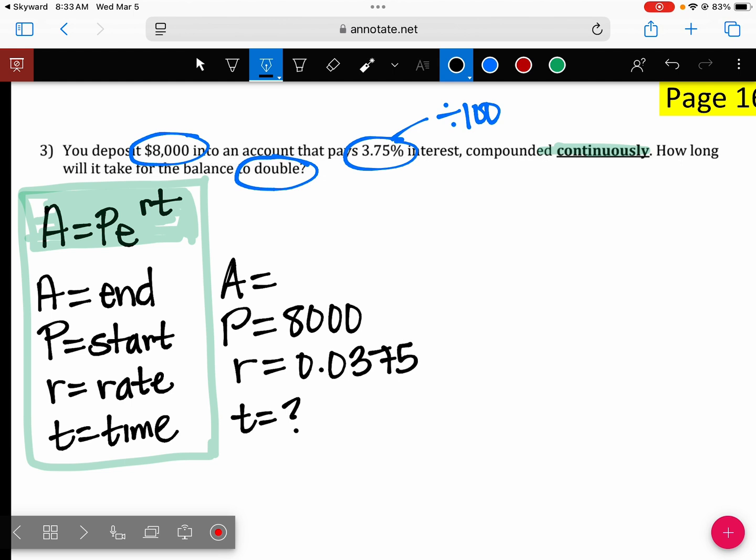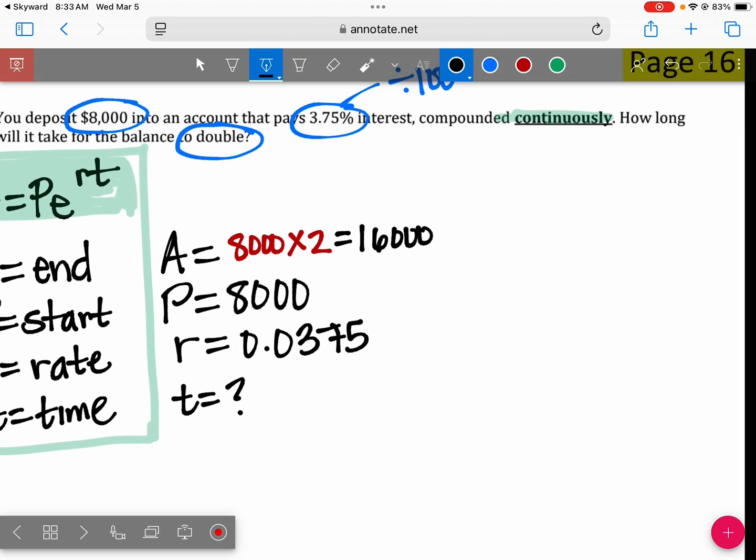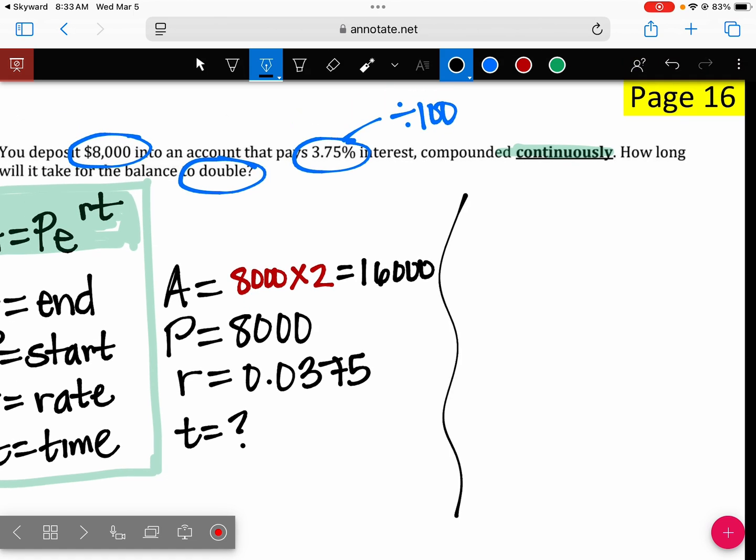Okay, but it didn't tell us the n, but it did tell us that it wants us to double it. When you double something, what are you multiplying it by? 2. So I want you to pick up your calculator to figure out the n. That's going to be 8,000 times 2. So 8,000 times 2 gives you 16,000. So now we have all of our pieces of information and we're ready.